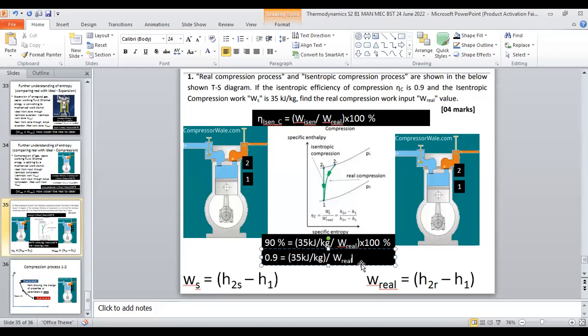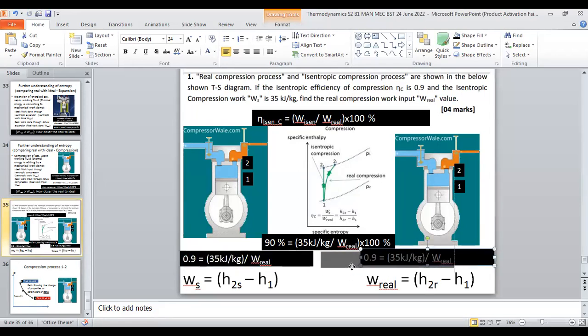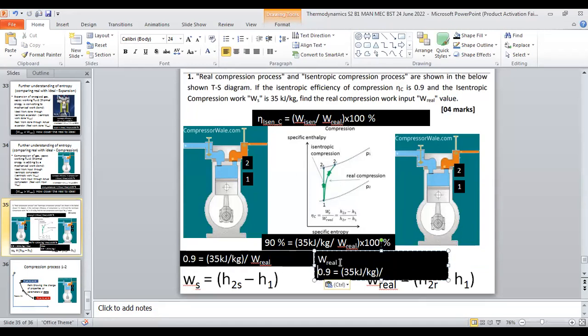So W real is more than 35. So you can write W real is 35 kilojoule per kilogram divided by 0.9.